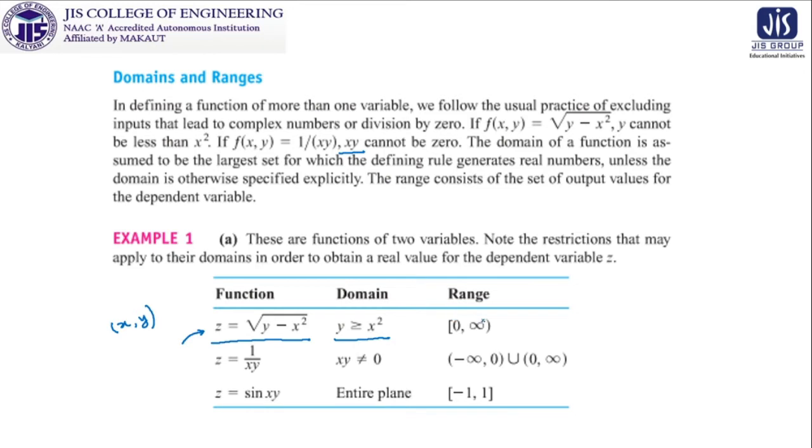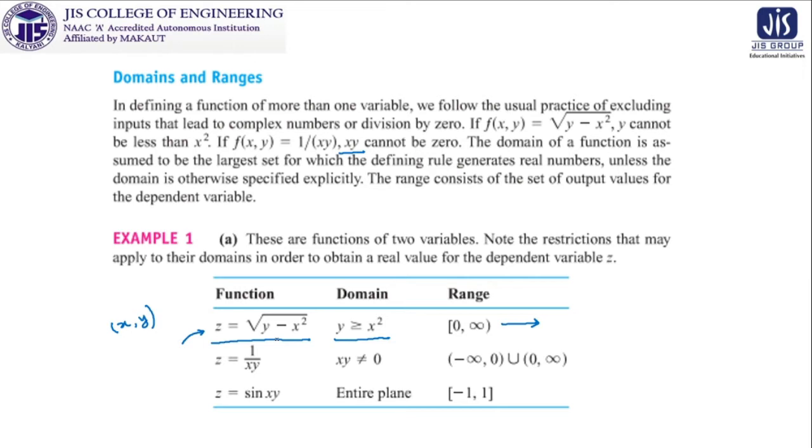So this is the elaborate discussion on domain and range with an example for a function of several variables. Now you can think of more examples like z equal to 1 by xy. The domain will be only xy not equal to 0. And the range will be the open interval minus infinity to 0 union the open interval 0 to infinity, because in the range 0 will never come. Why? Because if z has to be equal to 0, then 1 by xy has to be equal to 0.